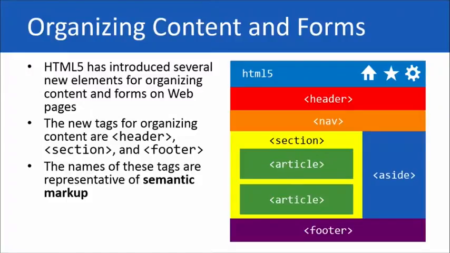HTML5 has introduced several new elements for organizing content and forms on web pages. We've got some new tags, and you'll see in the image to the right, we've got a header tag, a nav tag, which stands for navigation, a section tag, an article tag for articles like you'd find in a newspaper, an aside, sort of like an aside conversation that we may very well have during today's presentation, and then a footer for content like copyrights, published dates, all those kinds of things, right?